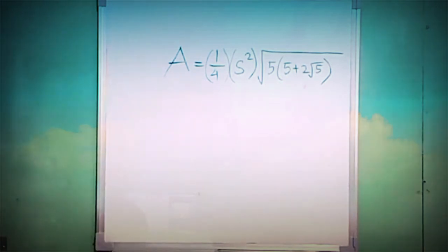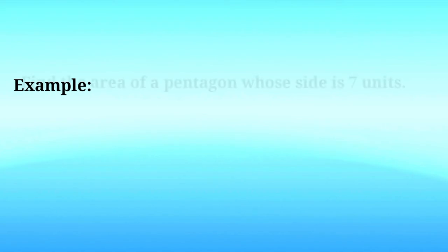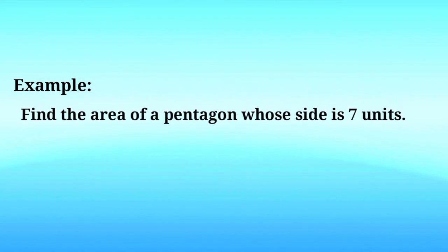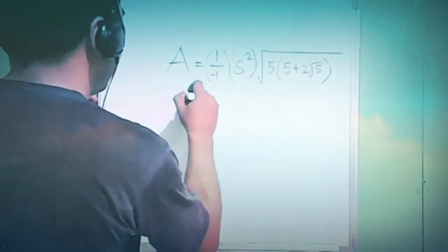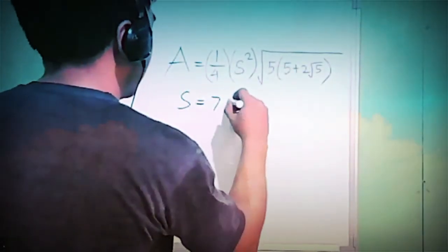So I repeat, this formula cannot be used if the given is not the side. Example for this method: find the area of a pentagon whose side is 7 units. The given is the side, so we can apply this formula. Side equals 7 units.